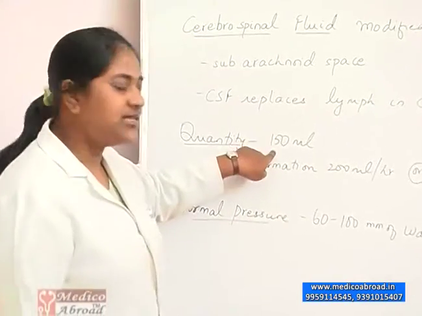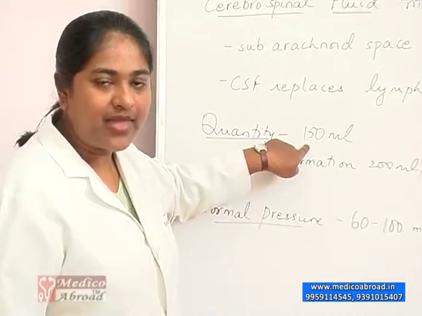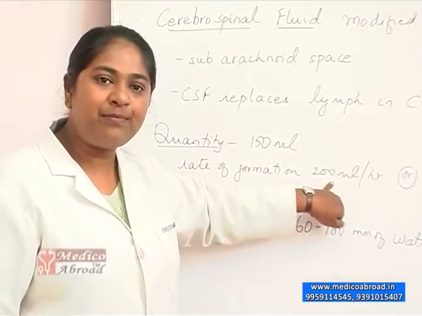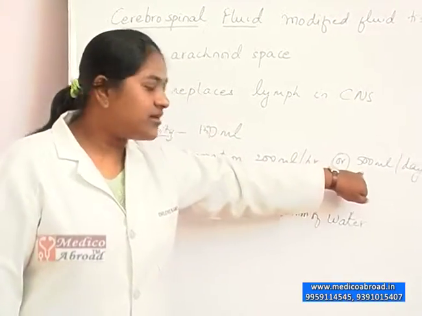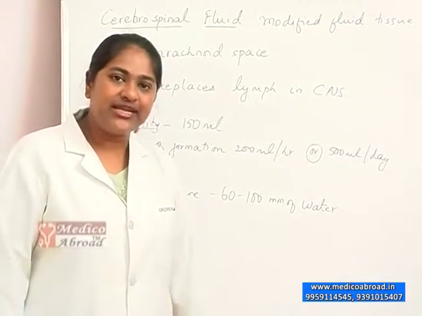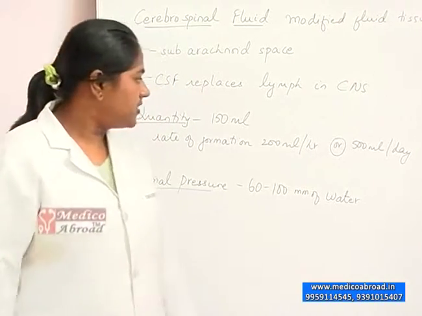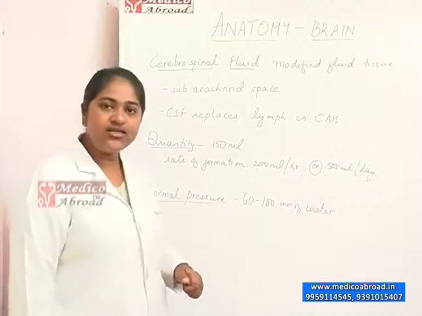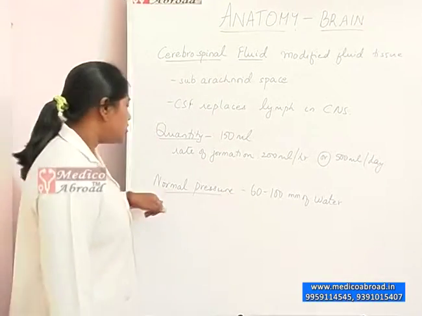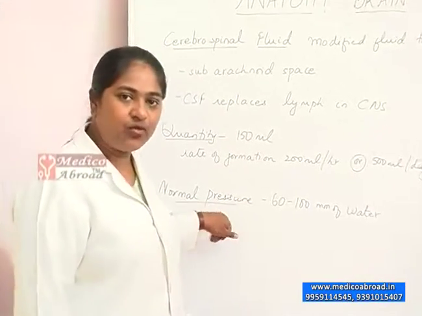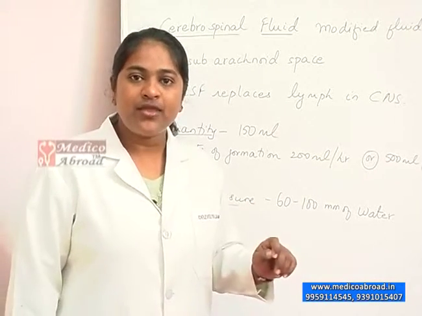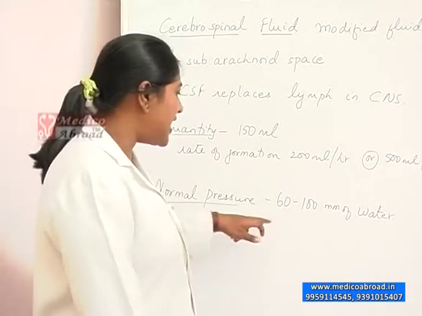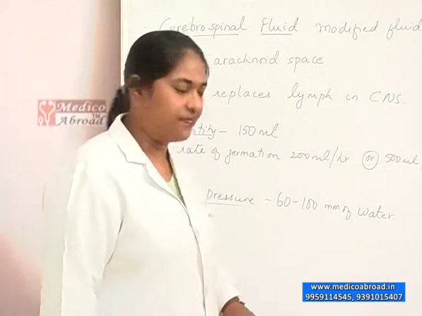The quantity is 150 ml at a time. The rate of formation is about 20 ml per hour, or 500 ml is usually produced in a day. The normal pressure of the cerebrospinal fluid is measured not in millimeters of mercury, just like blood pressure, but as millimeters of water.